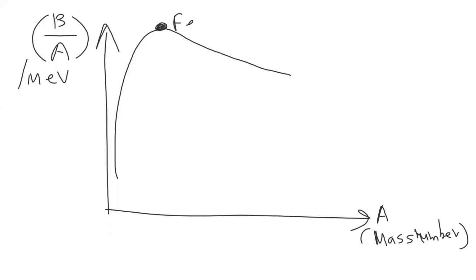That means it is the most stable atom. No need to know about others. Normally iron's mass number is 56, so it goes in the order we know: hydrogen, helium, lithium. Iron is the most stable, and then again stability decreases.